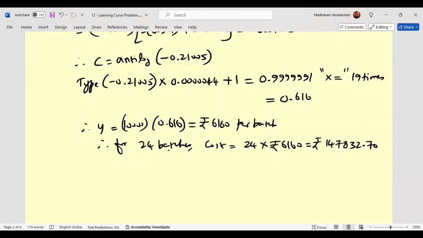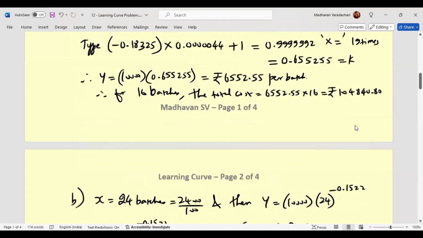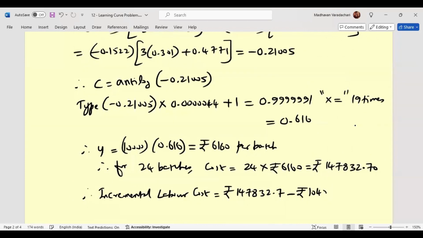Now, therefore, the incremental labor cost will be the difference between these two: 147,832.7 minus the previous amount, which is 104,840.8.